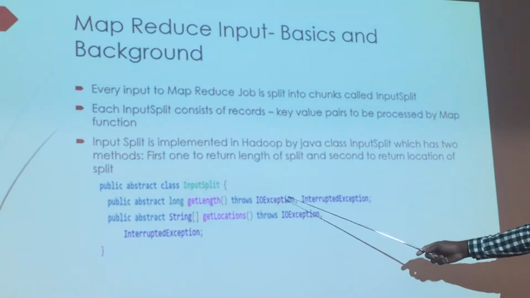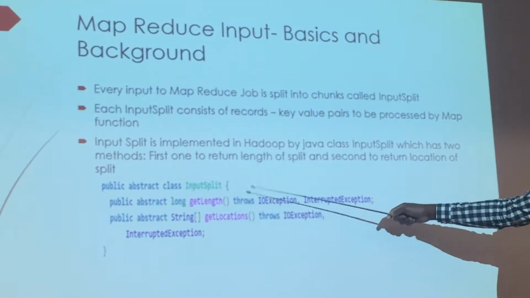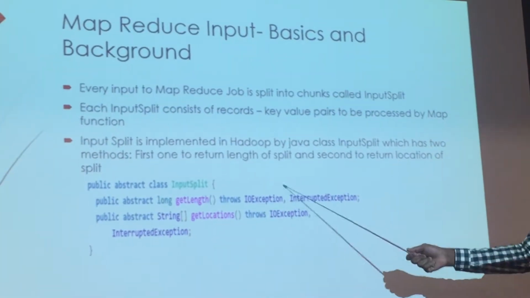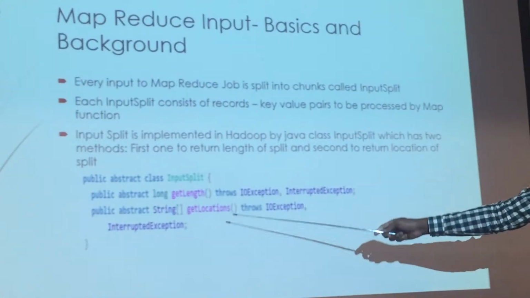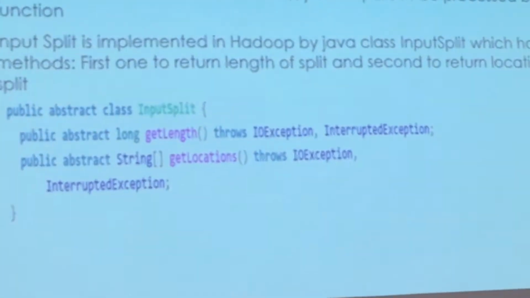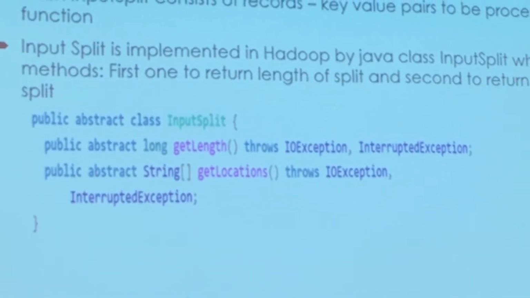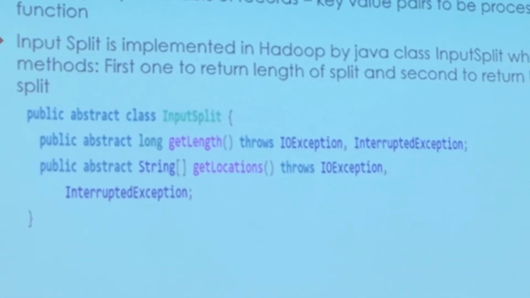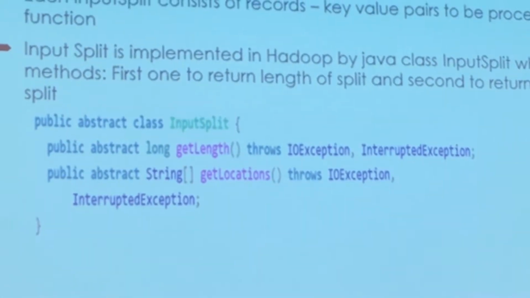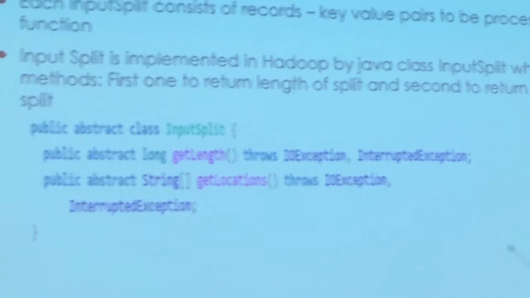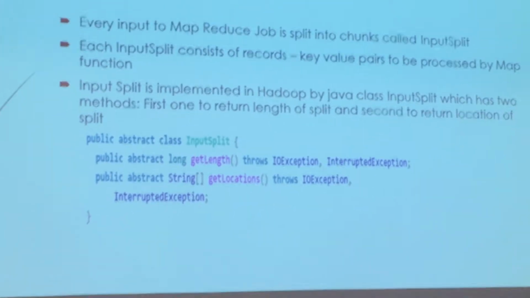And this is just kind of basic Java code for your input split. You can get the length of your input split, that means how many records are in your input split, and a location, where the MapReduce process is actually taking place that contains that input split.